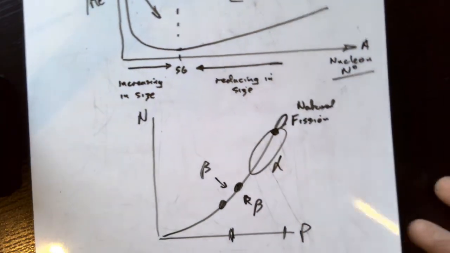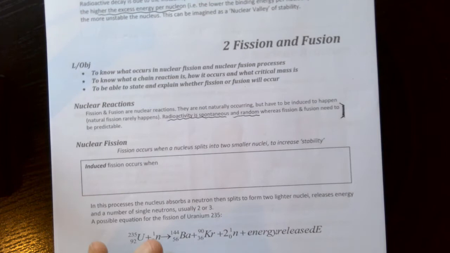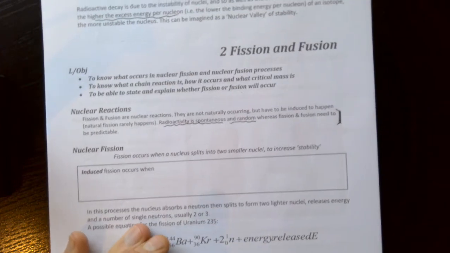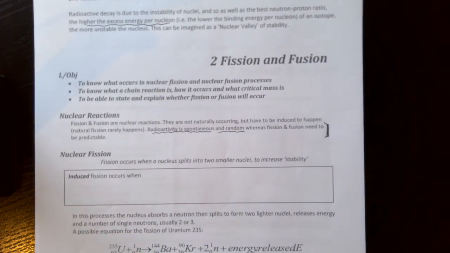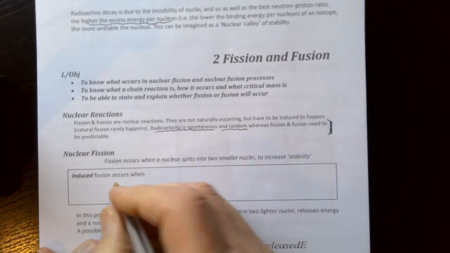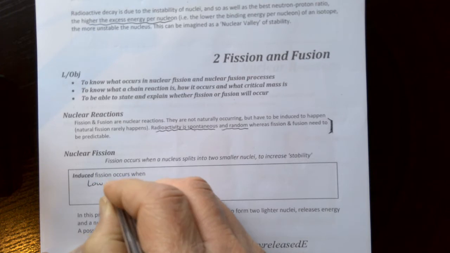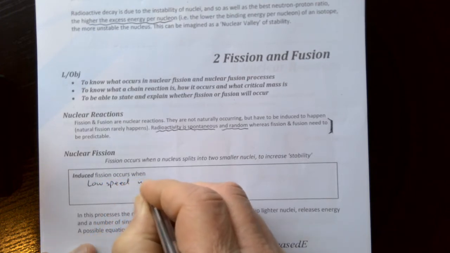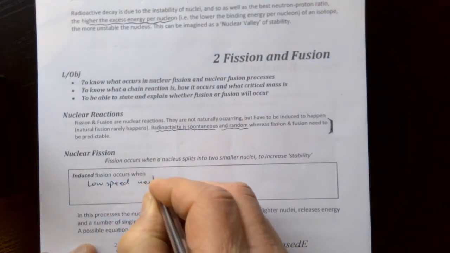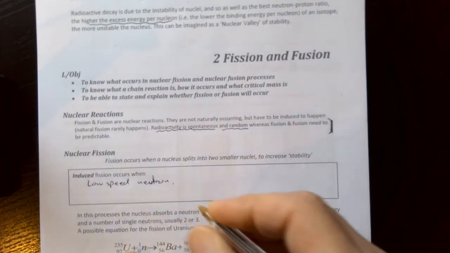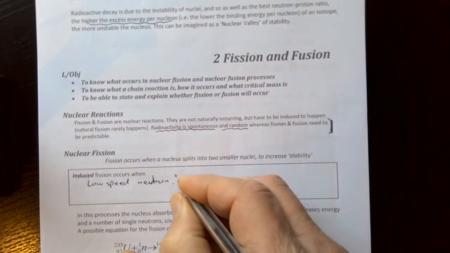We have a nice animation, which I haven't got at home, but I'll show you in the lesson. So we have a slow moving, low speed neutron, which is what we call a thermal neutron.